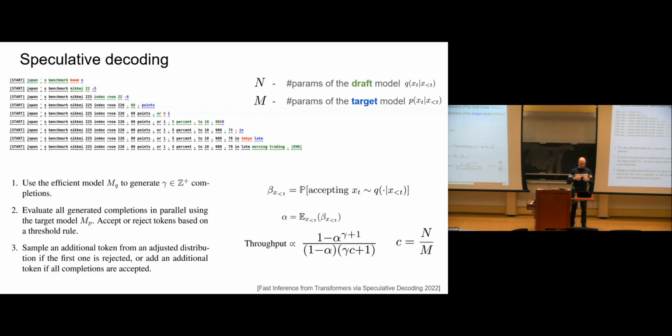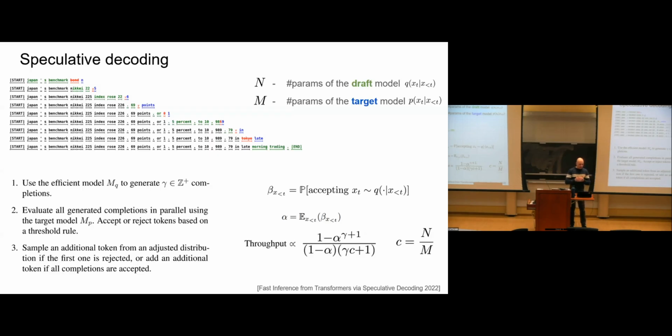The core parameters characterizing this process are beta, which is the probability of accepting the next token that comes from our distribution q given a specific context, and alpha, which characterizes the interplay between the models in a very concise manner: the expected probability of accepting a token irrespective of context, so averaged across all of the contexts.